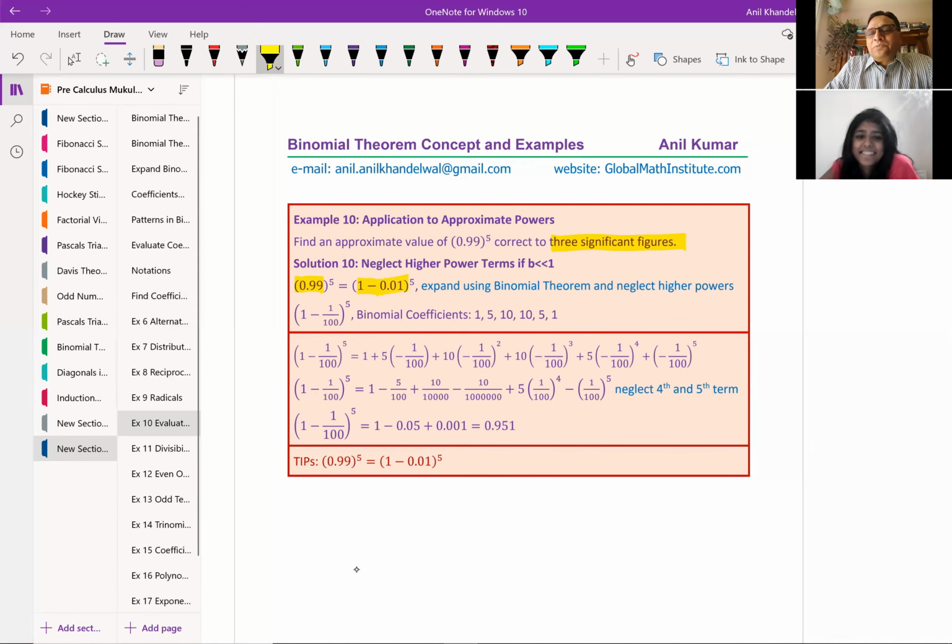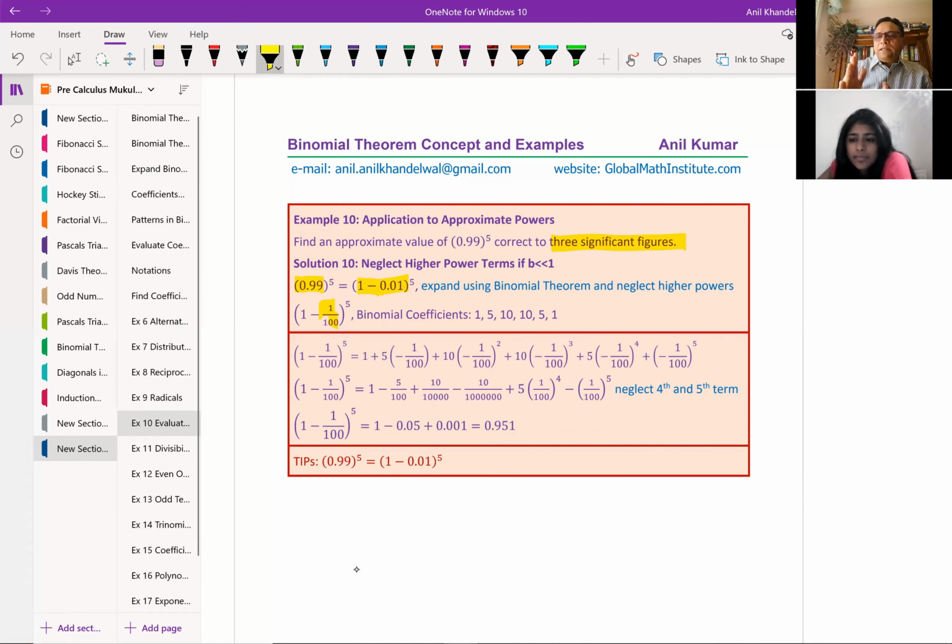Now we have split it into two terms, and we have a binomial to the power of 5. Now you can expand, and 0.01 is 1 over 100. That 1 over 100 is your b term, whose powers are expanding up to b to the power of 5.